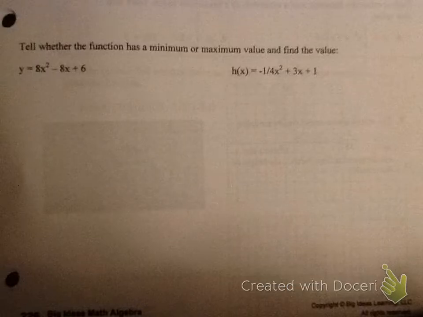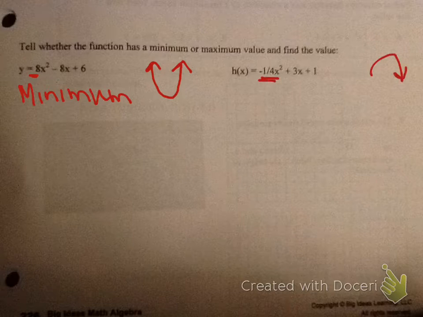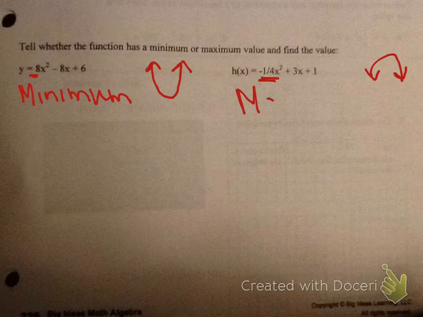Tell whether the function has a minimum or maximum and find the value. So again, here we have our vertex. This is a parabola that opens up, so we have a minimum. Here we have a parabola that opens down because it's negative, so we have a maximum.